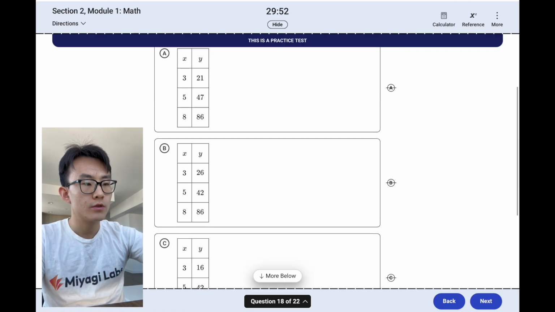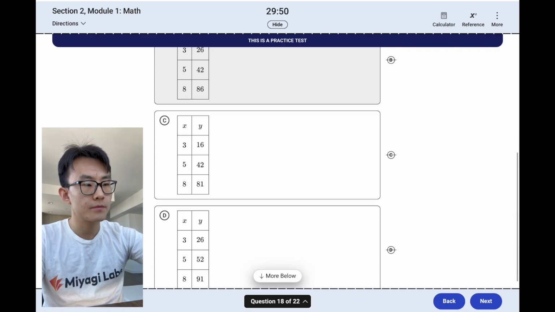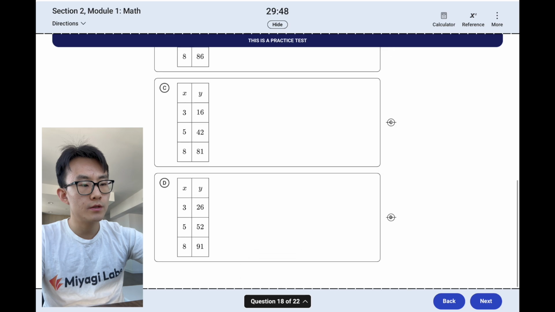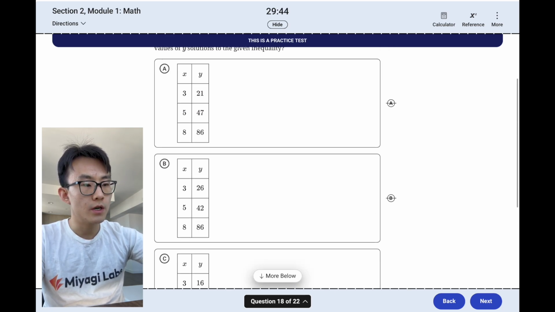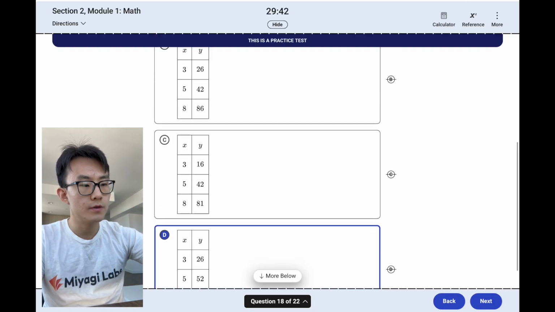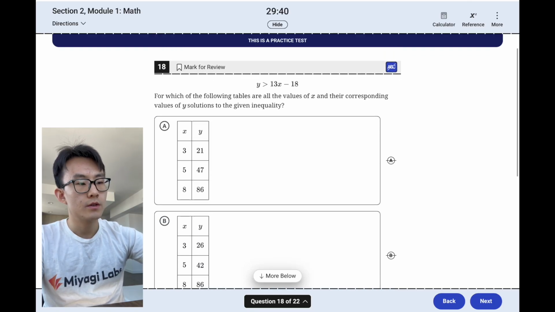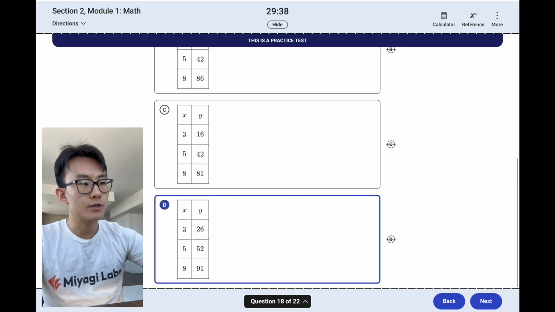So 21, 26. I mean, this one seems like the y's are the biggest. 26, 42, 52. Yeah, so these values are always bigger, so it just kind of has to be that, right?